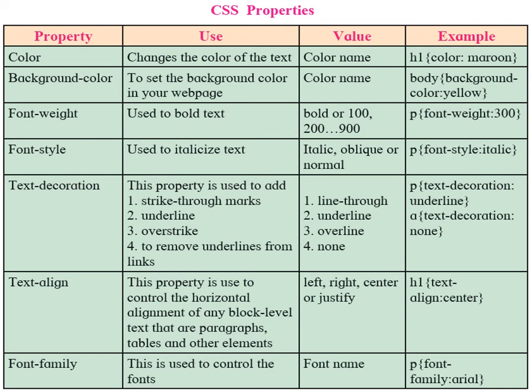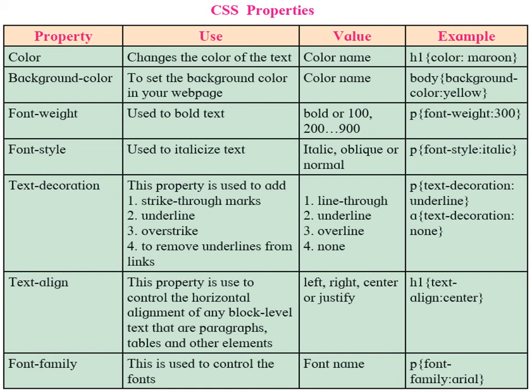Font weight and font style are applicable for the font. Font weight indicates the weight of the particular bold font. If we are applying it to the p tag, then the font weight is equal to 300.